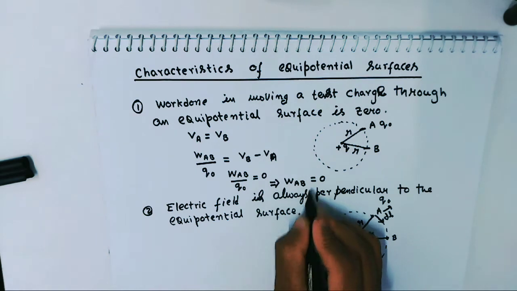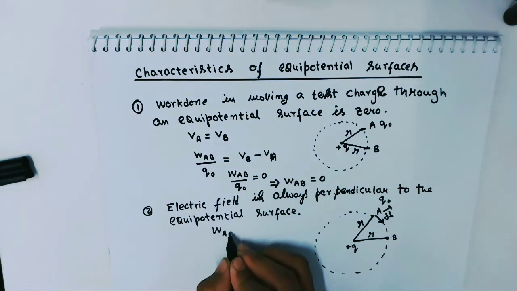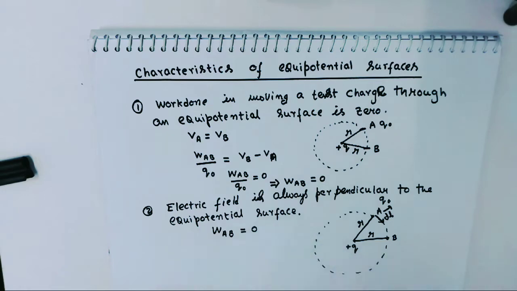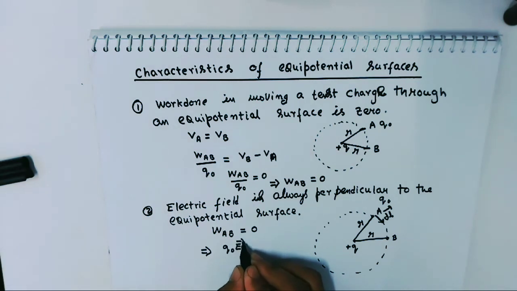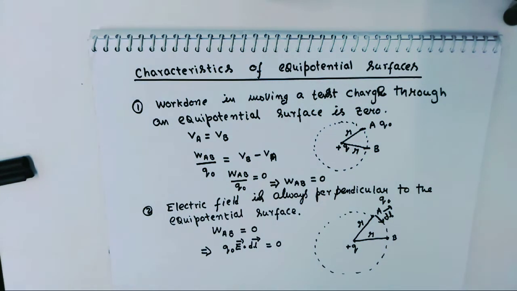As we know from here, this WAB is equal to 0. So this WAB is nothing but Q naught E dot dl, and this is equal to 0. So this implies that E dot dl is equal to 0. So what does this mean?